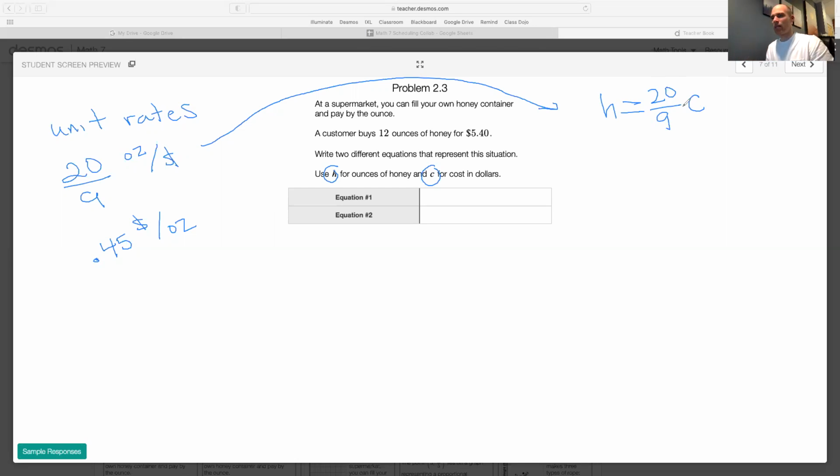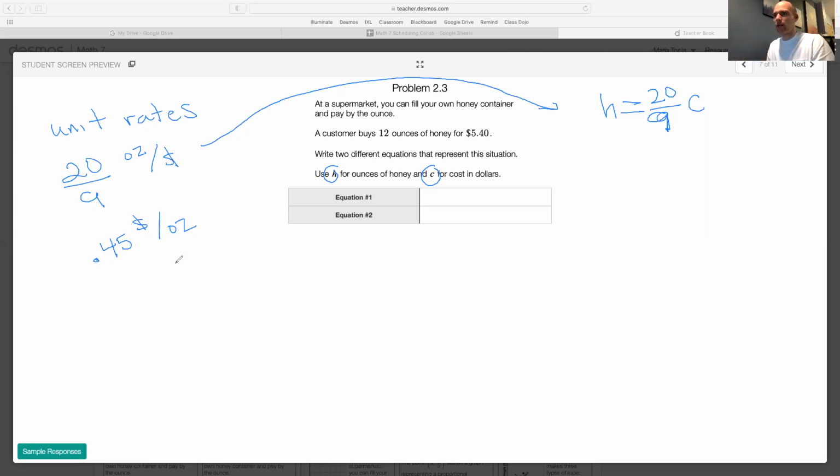The cost. So that's one equation. So think of it this way. If you put a 1 for C, meaning you're paying $1, you'd get 20 ninths ounces of honey. If you put $2 in for C, you would get 40 ninths ounces of honey.